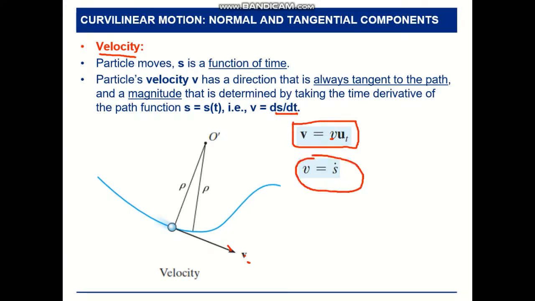If we take the first derivative of the path, it gives us v, the speed, which is the magnitude of velocity. If we multiply by the tangential unit vector, since the velocity is always tangent to the curve, we find the velocity in normal and tangential coordinates.